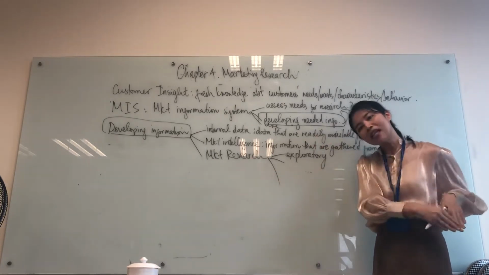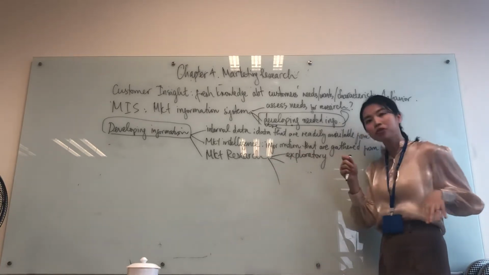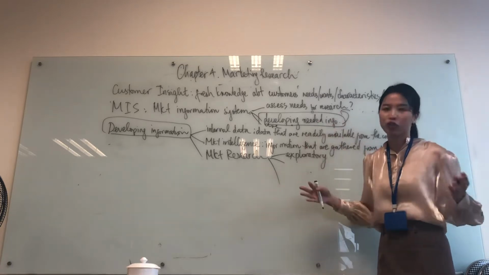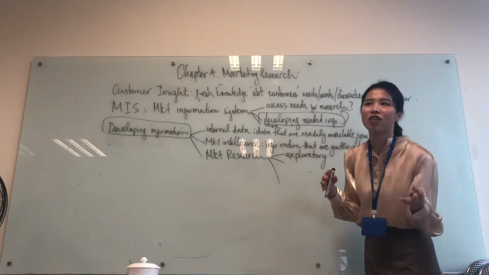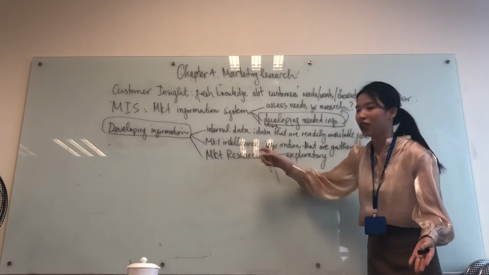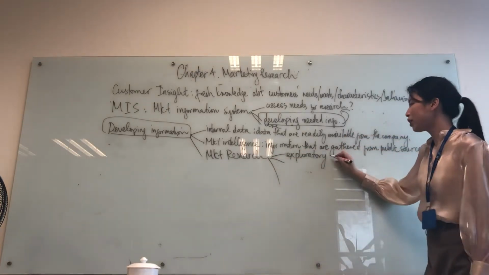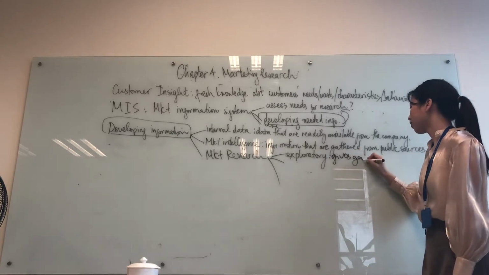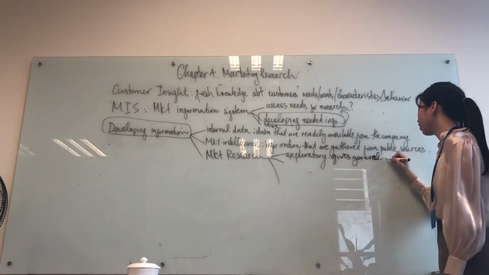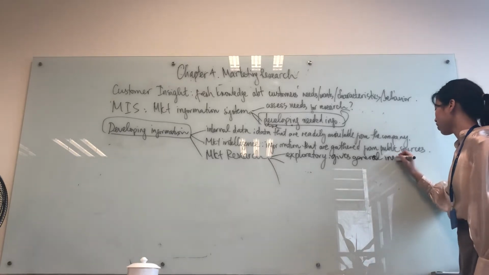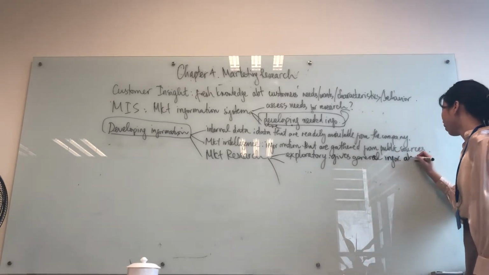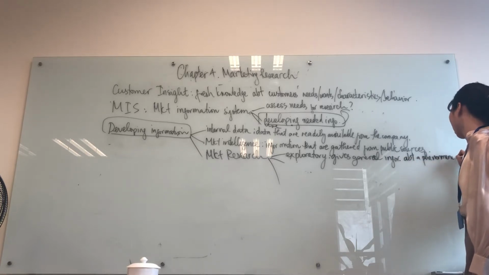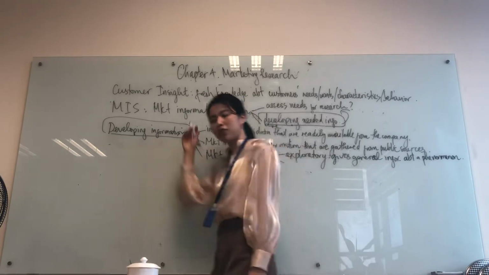And in the first phase of the project, they may conduct an exploratory study where they want to have a general picture of what they're going to research in more detail. So exploratory research gives general information about a phenomenon.